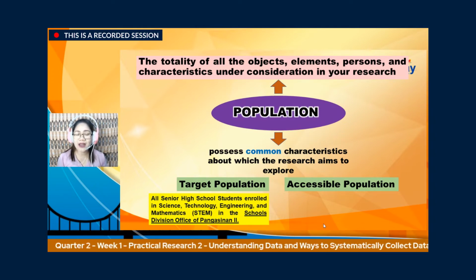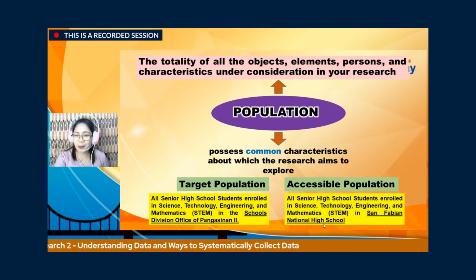It is one division. But if we're going to compare that to accessible population, as you can see, the difference is that dito sa accessible population, nag-limit lang siya sa San Fabian National High School. Where in fact, San Fabian National High School is a part or under siya ng Schools Division Office ng Pangasinan 2.